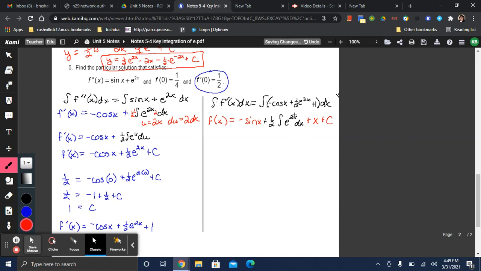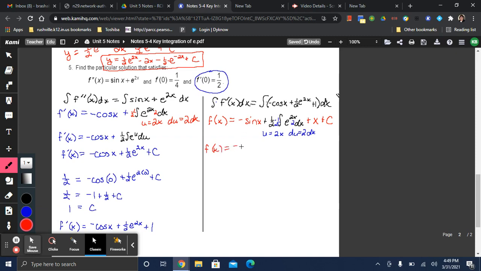But we still need to do this integration. So we'll need to use a u again for the 2x. So u would equal 2x. So our du would be 2 dx. So now we need a 2 here. And that means we need another 1/2 multiplied on the outside. So let's find out where we are, where f of x would equal.